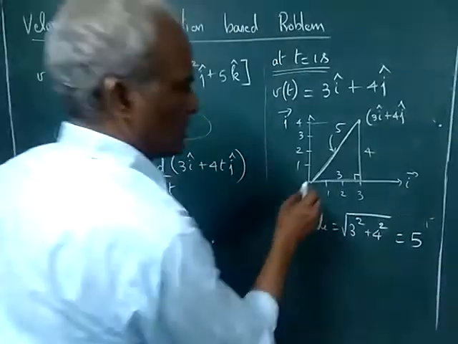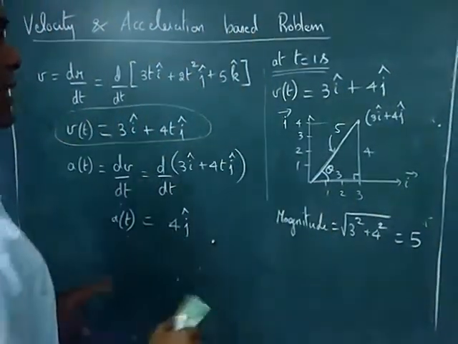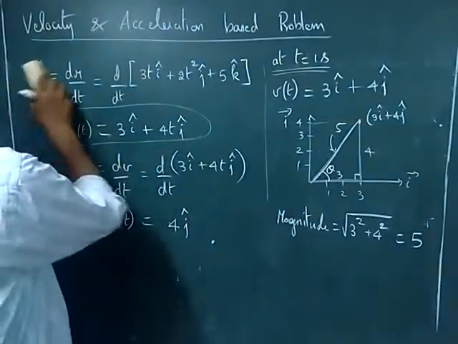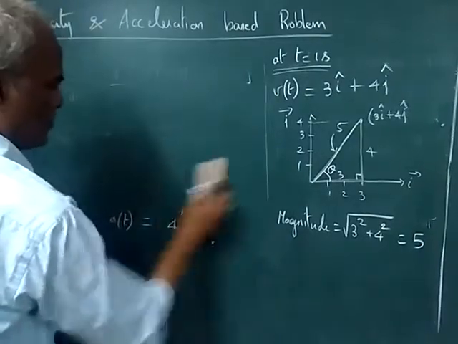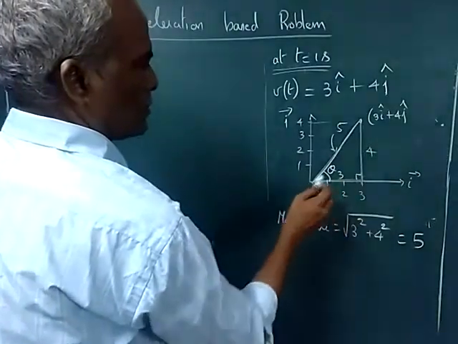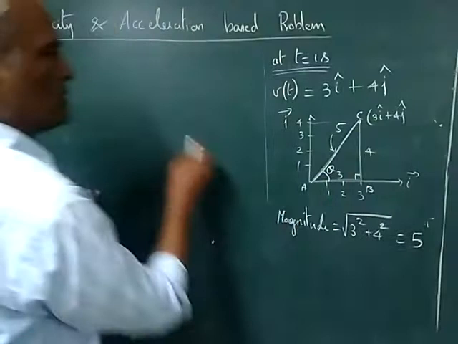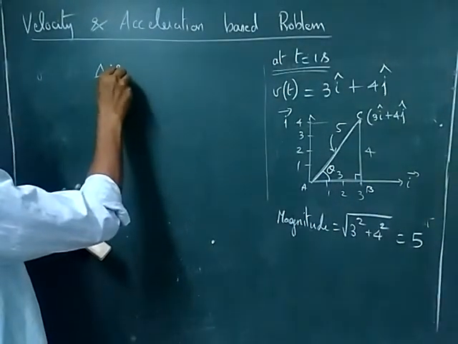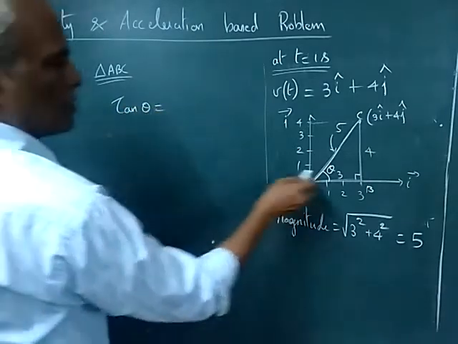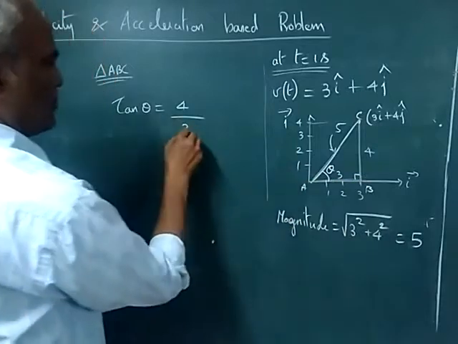Okay, now we are interested in finding the direction. We must know the theta. So in that triangle, you find out theta. Say I call this triangle ABC. In this triangle ABC, you apply tan theta. So tan theta is equal to opposite side 4 by adjacent side 3.